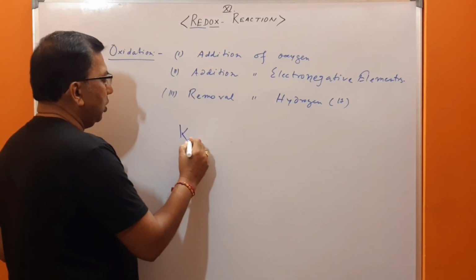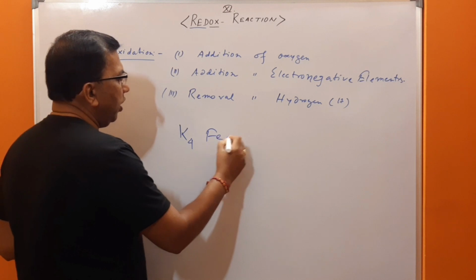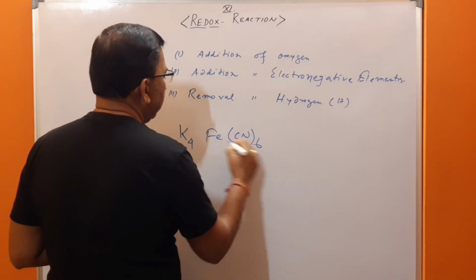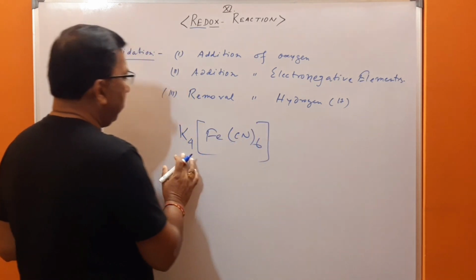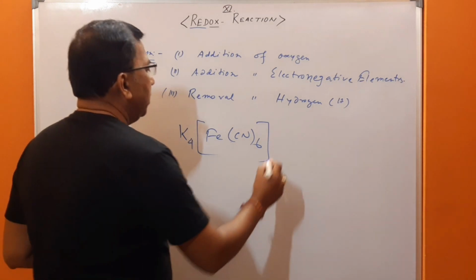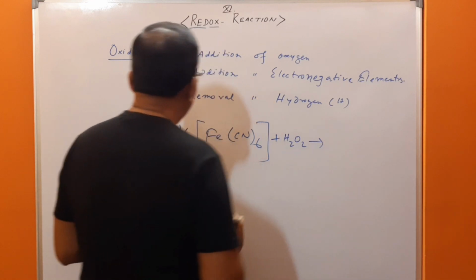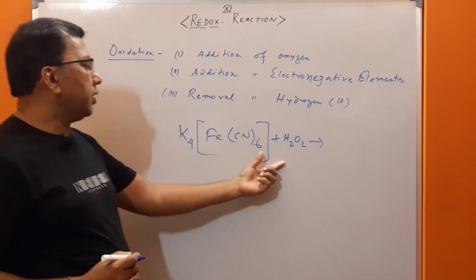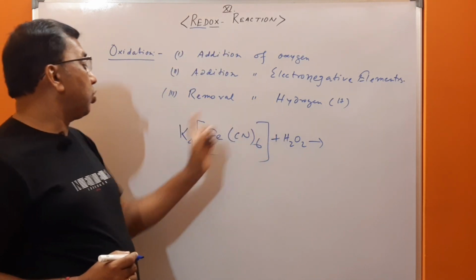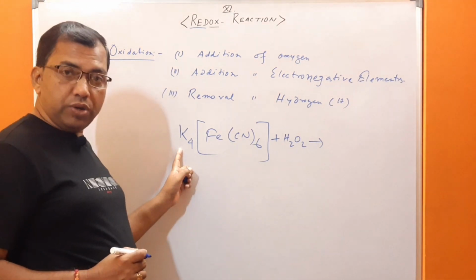Then what will be the product? That is the removal of an electropositive element: potassium will be removed here.